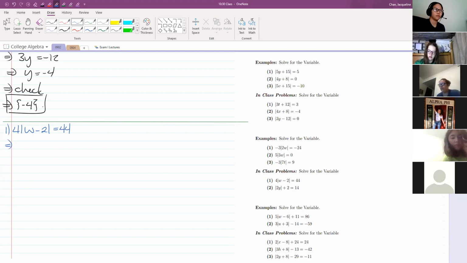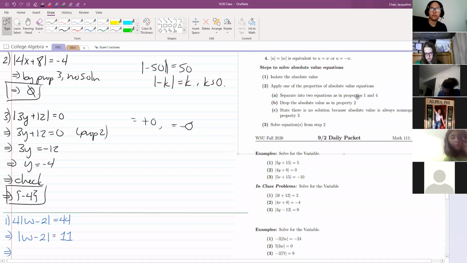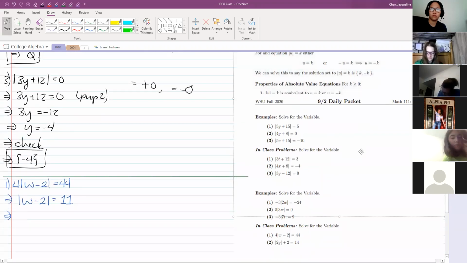Divide both sides by 4. Yeah, and why are we dividing both sides by 4? To isolate the absolute value. Perfect. Now that the absolute value is isolated, what do we do next? Apply property 1.